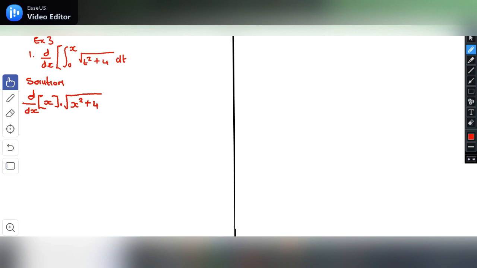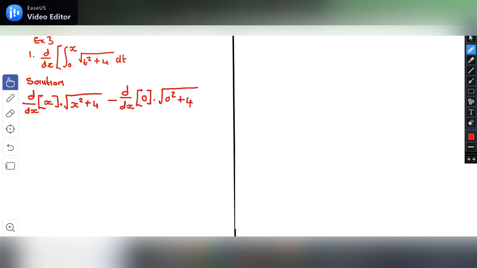Can you guys see it? Now, because we are done with the second point, we put the negative sign, then deal with the first point. We do the same thing: d over dx of the first limit, which is 0. Therefore, multiply by the function, which is 0 squared plus 4. Can you guys see it?